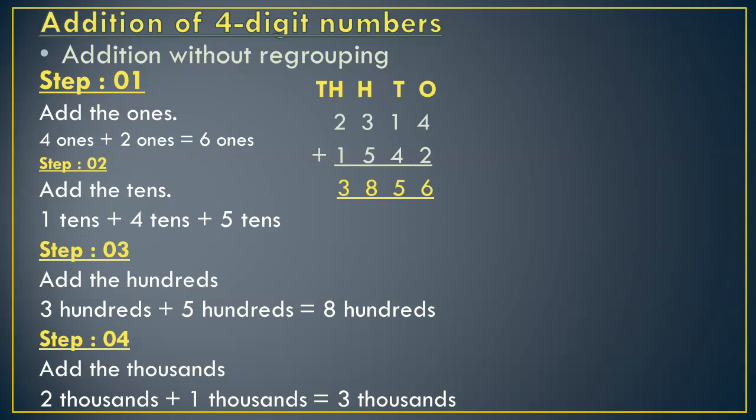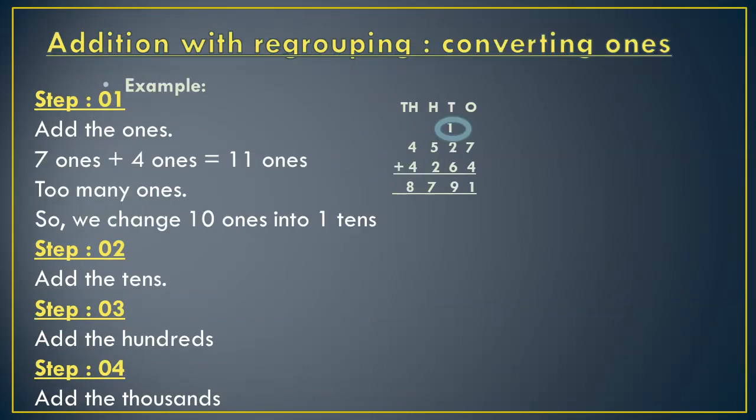Okay, move to next. Next one is addition with regrouping, converting ones. First of all, place the value. Then we write the number like 4527 plus 4564.